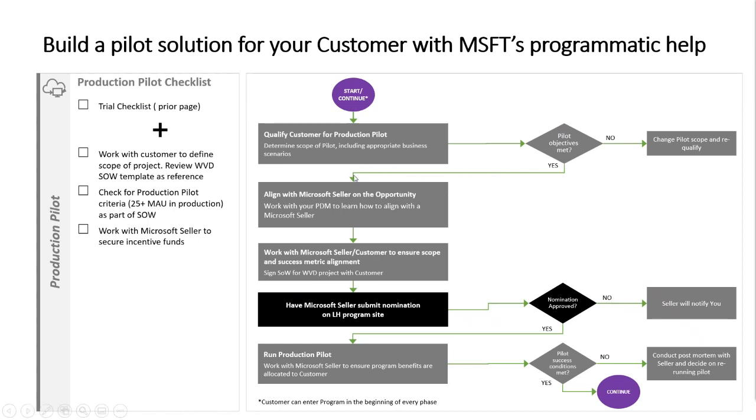And then we will align with Microsoft through exeed. Exeed will go through our PDM and try to align with the Microsoft seller, and get signed up into the WVD Lighthouse program, and then Microsoft will assign the resources required to achieve the program.